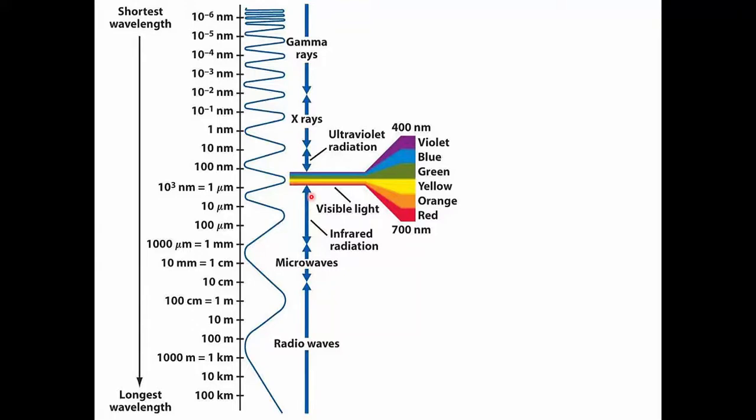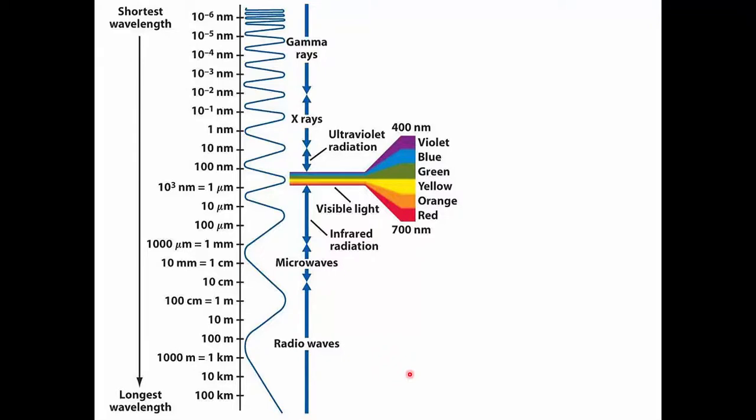Infrared radiation has longer wavelengths than visible light. Microwaves are longer still, and then you get to the radio wave part of the spectrum. And in all of these particular divisions, there are also finer divisions. So in the radio wave spectrum, you have AM radio waves, FM radio waves, and various things.